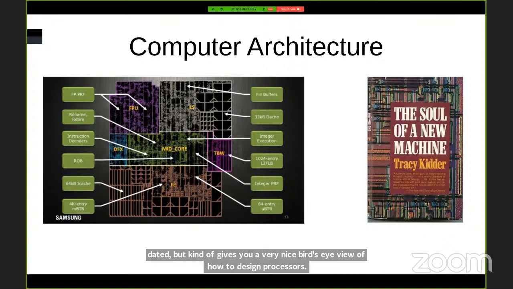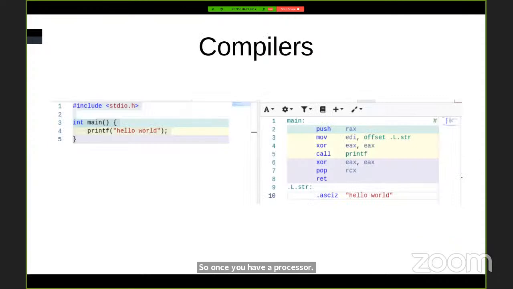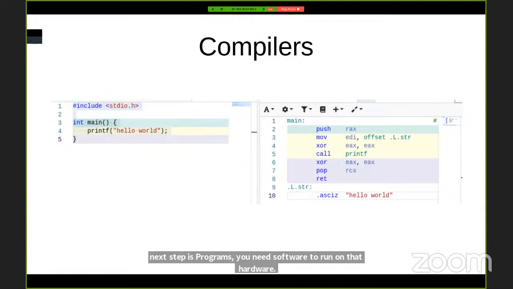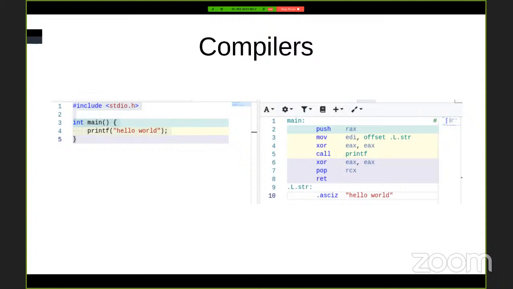So once you have a processor, the next step is programs. You need software to run on that hardware so that you can get it to do useful work. And computer processors are fairly basic. They don't understand all the nice high-level programming languages that you use, like Python or something like that.